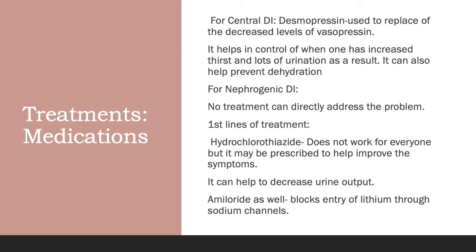This doesn't work for everyone, but it can be prescribed to help improve the symptoms, and in those it does help. It can help decrease the urine output. And then amiloride as well, as we saw under the causes for nephrogenic, lithium toxicity can be an issue. So amiloride blocks the entry of lithium through sodium channels.